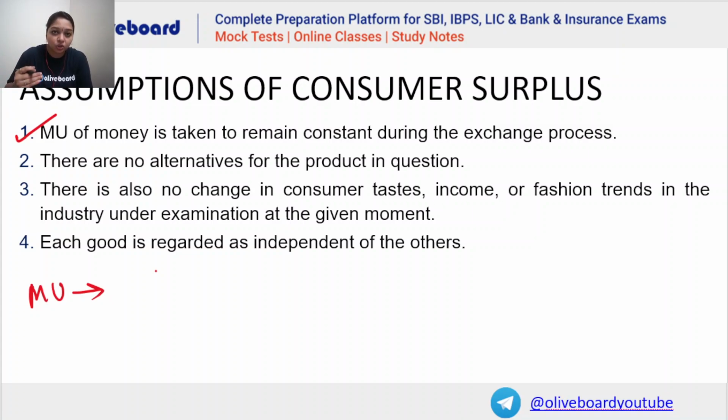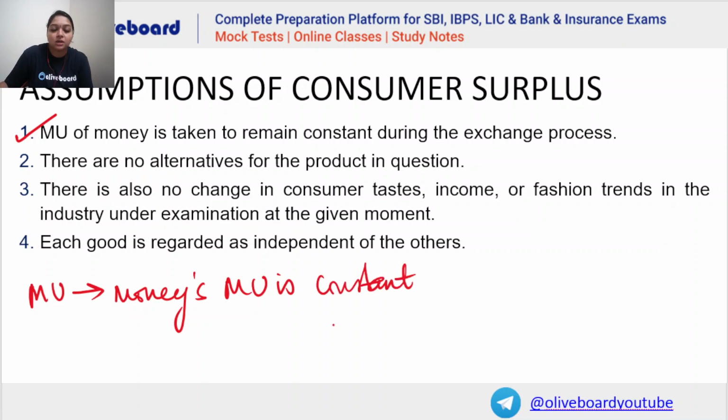The satisfaction obtained by consuming one additional unit of the commodity, okay? So now here money's marginal utility is constant. This is the assumption. That means no matter how much additional money you keep spending, the satisfaction you are going to get from it is the same. That is the meaning, right?